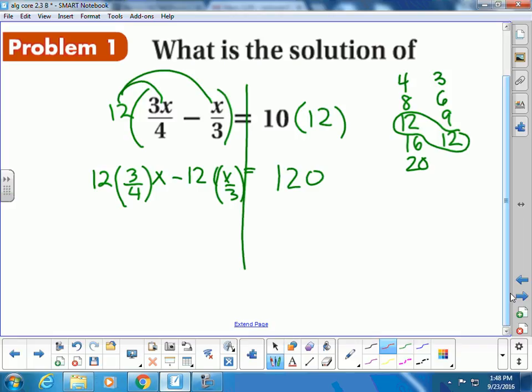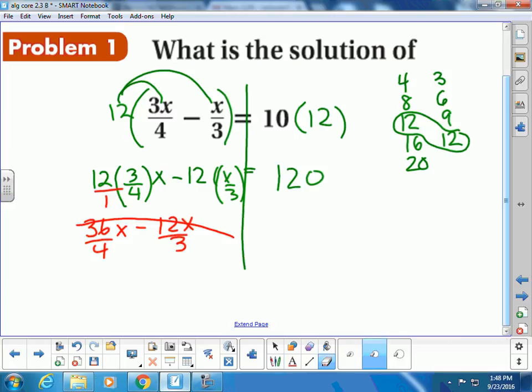We have to distribute this, remember. So this is multiplication, so you can multiply across the top, 12 times 3, that'd be 36 over 4x minus 12x over 3. Oh, sorry. Take that back. I lied to you. Hold on. We're getting rid of that. We could keep working with fractions, but we don't want to.